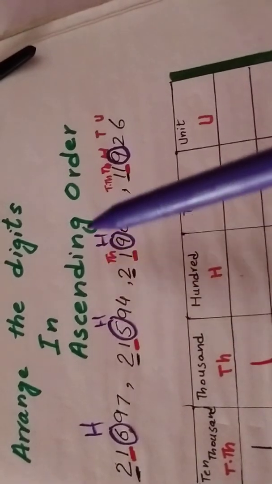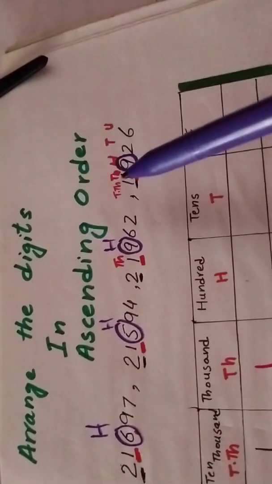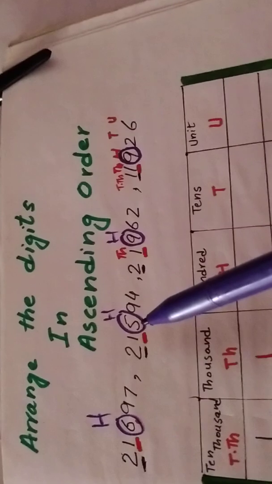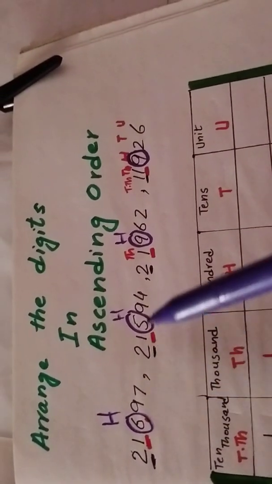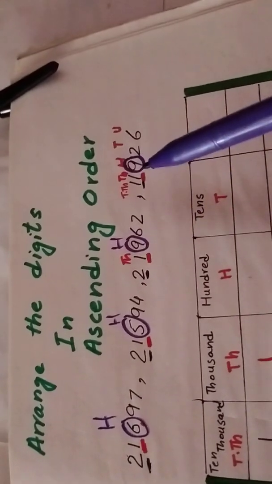In ascending order, smallest to the biggest. 5 is the smallest in all values.